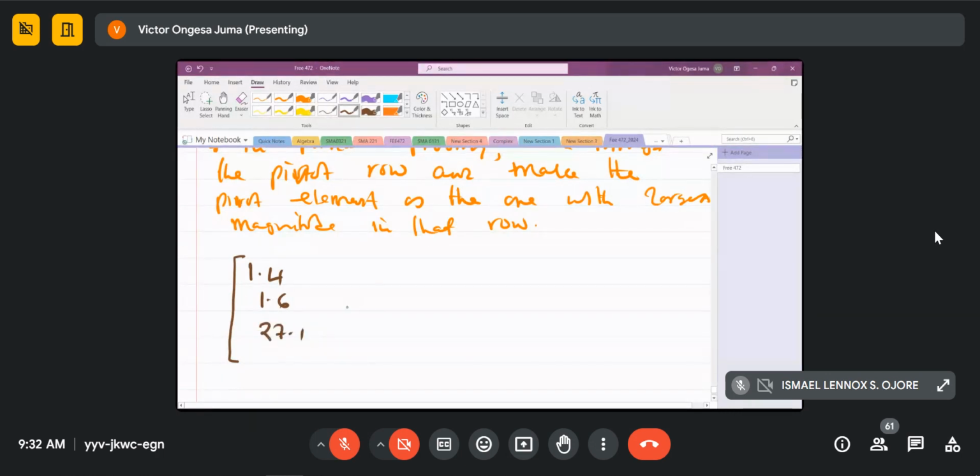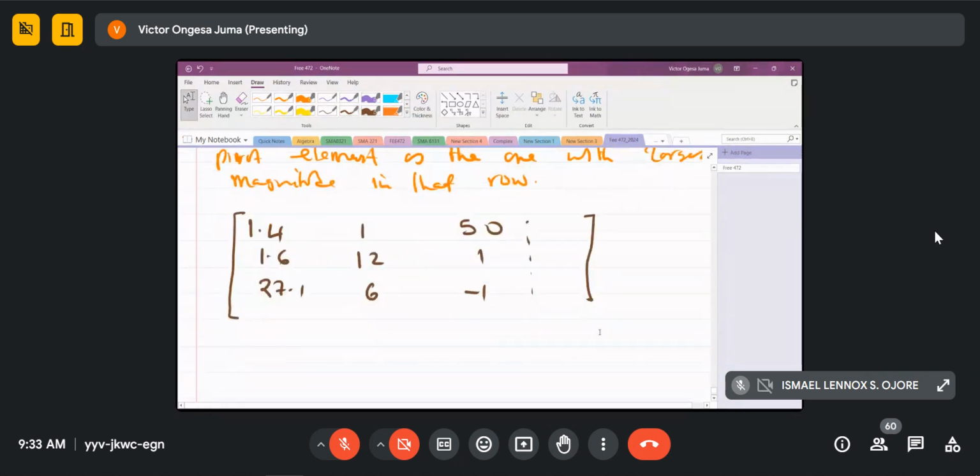I have 1 and this is 50. And then I'll have 1.6, that is 12, and this is 1. And then I'll have that is 6, that's -1. So whichever comes at the other side, we don't care what comes here.